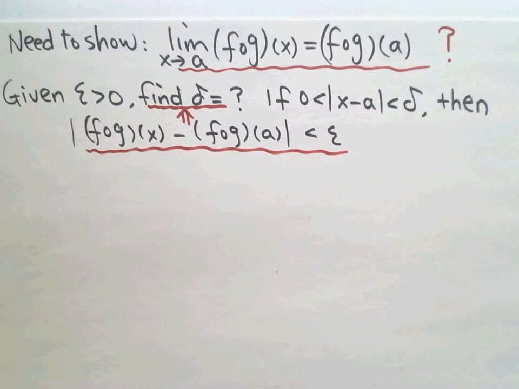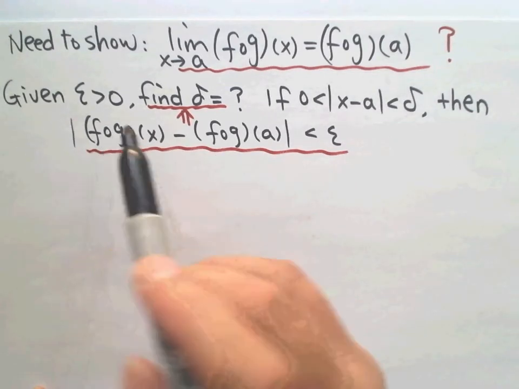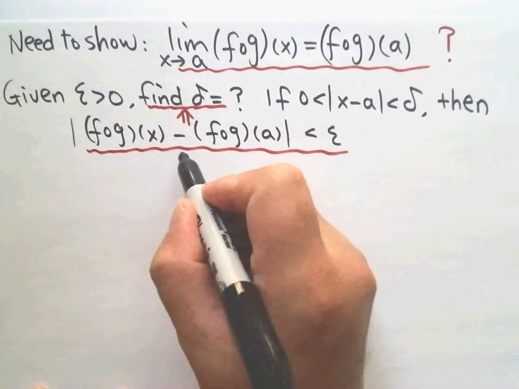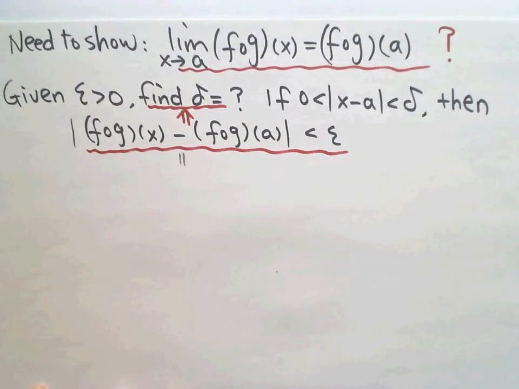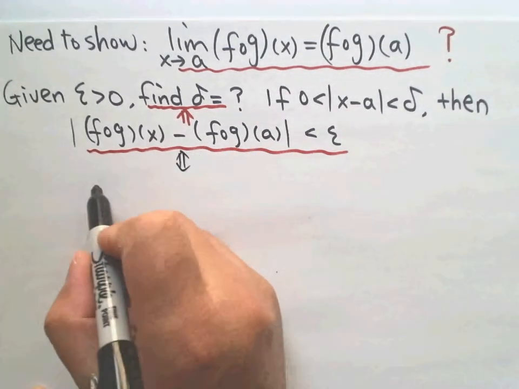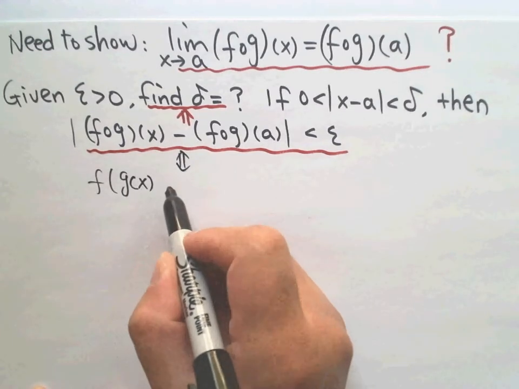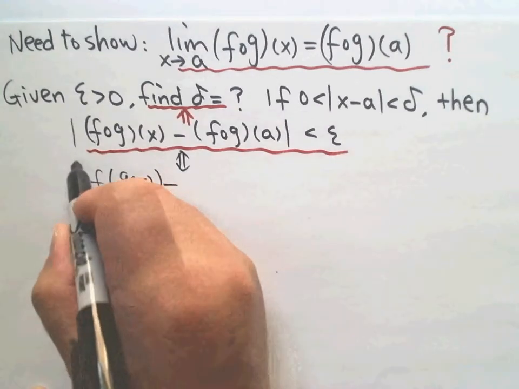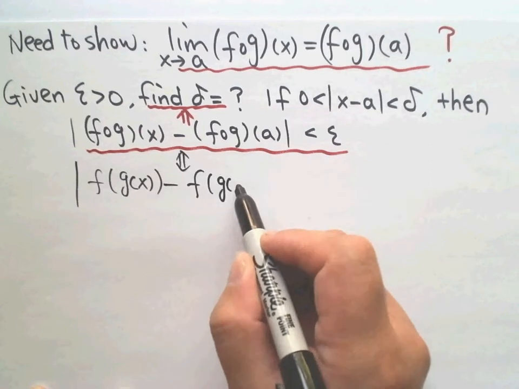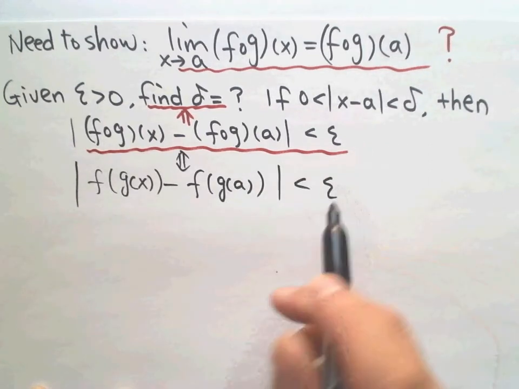So how to do it? Explore this. What is the composition? First, I will write the definition. So this one is equivalent to this: the absolute value of f(g(x)) minus f(g(a)) is less than epsilon.